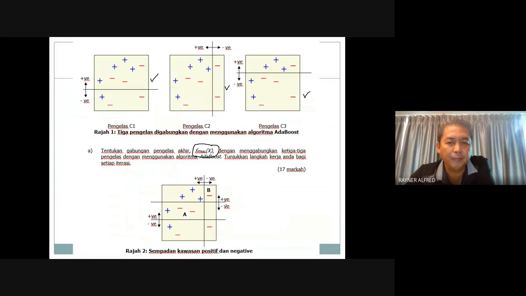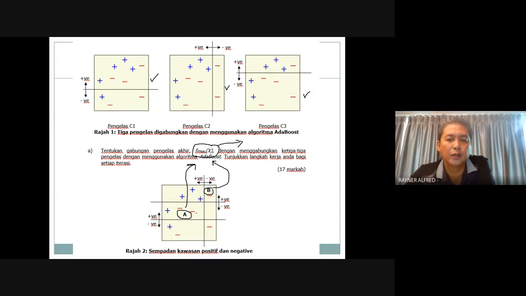Okay. So you need to produce this. And you will be asked again, what is the class label for this based on the function that you get. Okay. So the same example shown previously.